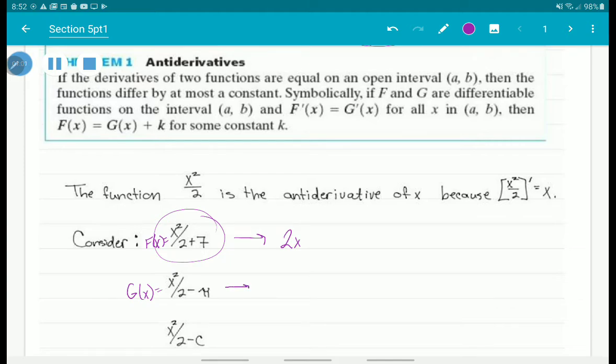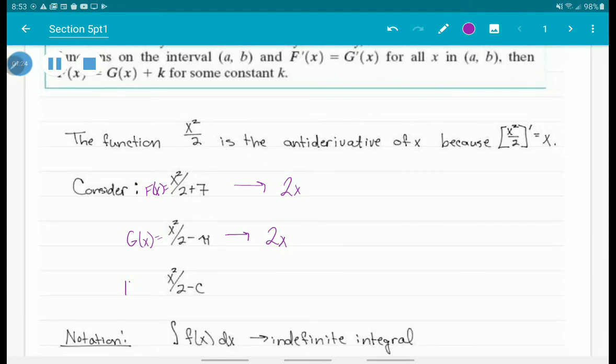If we take the derivative of that, that's 2x also. So you can see that it doesn't really matter what that constant is on the end, because when we take the derivative of it, it is always going to be 0. So right now we have two different functions that give us the same derivative, 2x.